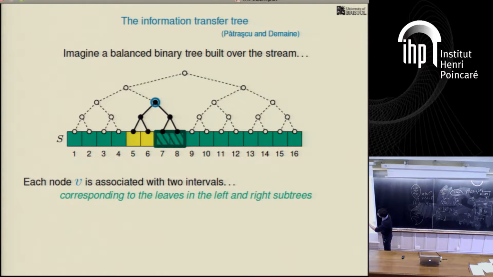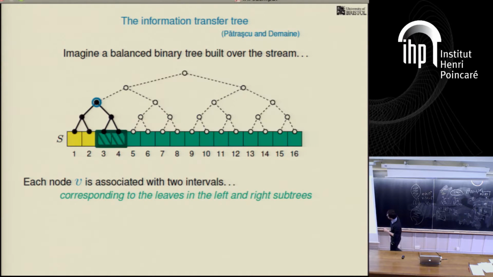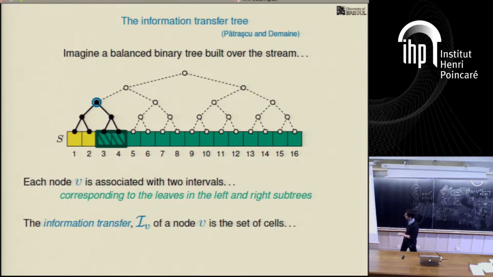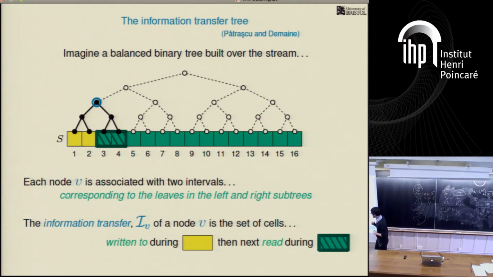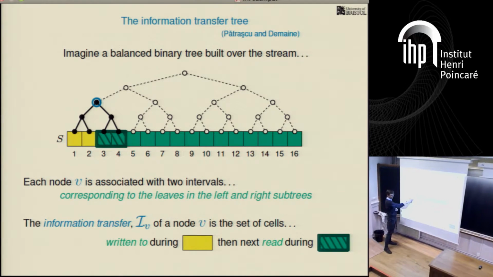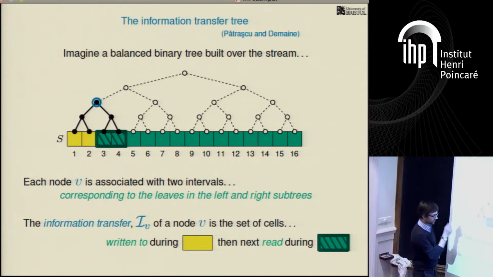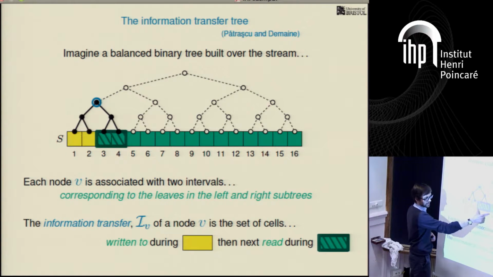For this node, you can see this is the left interval, this is the right interval, and so on and so forth. So the information transfer associated with some node is the set of cells that are written to during this period and then next read during this period. So you take all the cells that are written to in here and then next read in here.